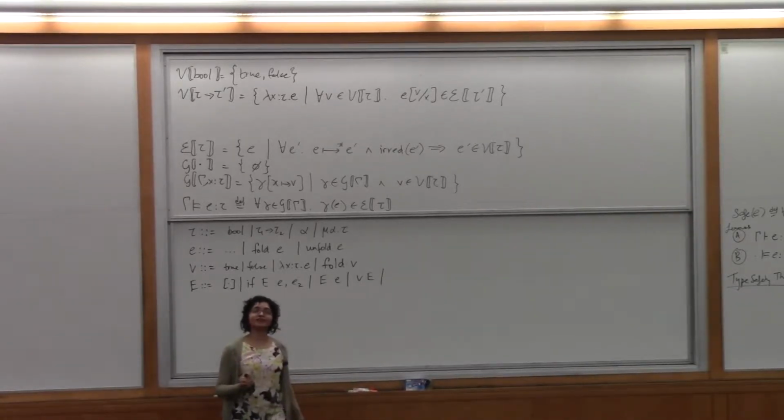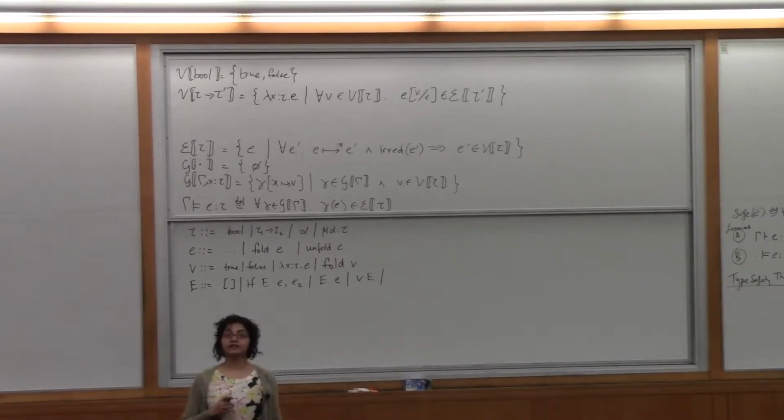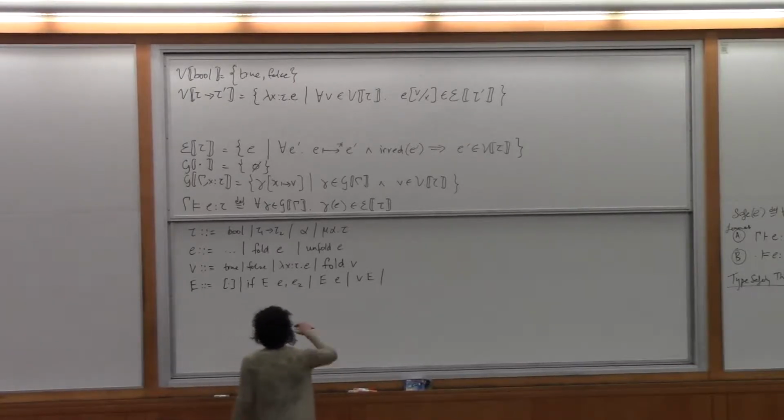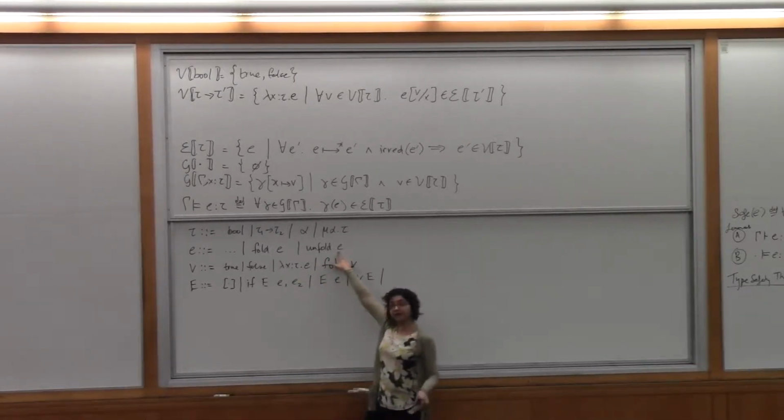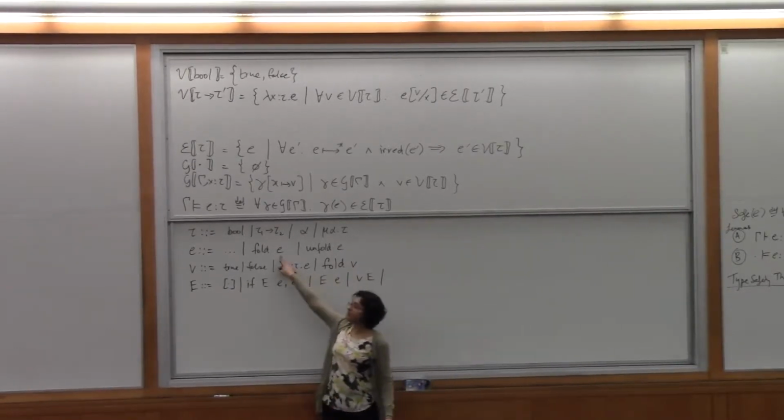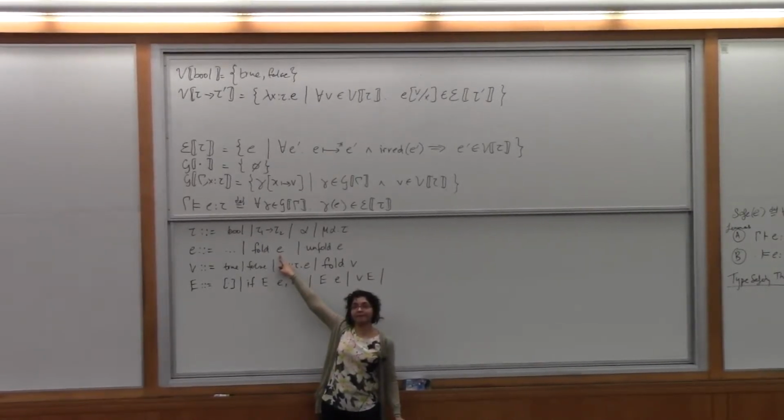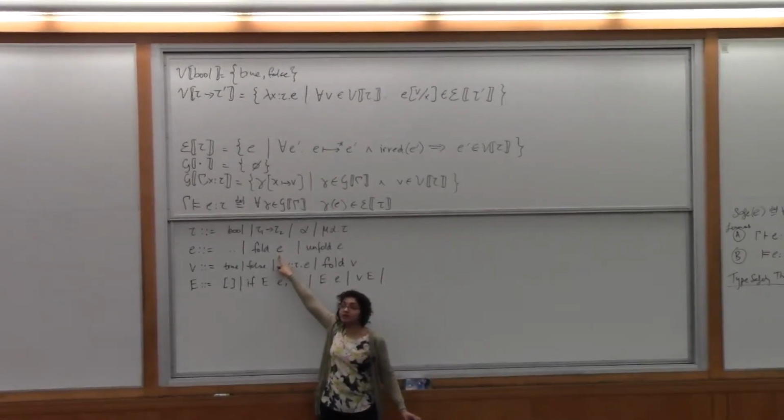So now what do we want for the new additions to our language? We've added fold E and unfold E. So basically, you're saying that when we're here, we better evaluate this expression down to a value before continuing, right? But what about when we're here? Tell me why.